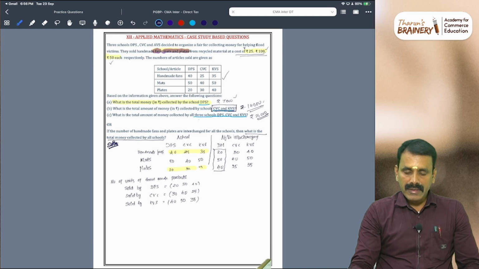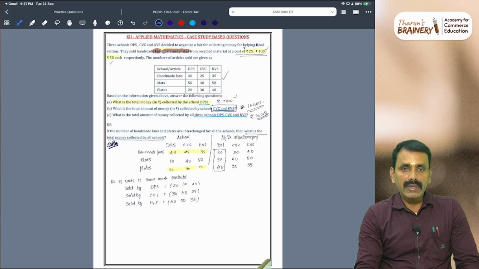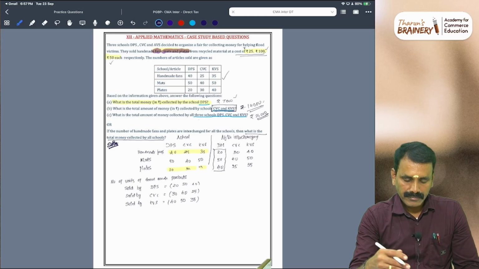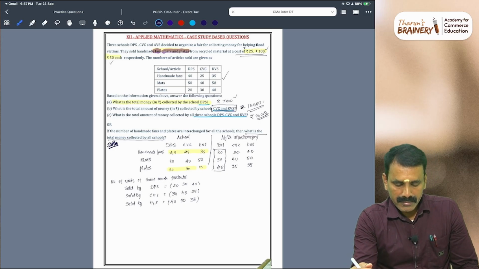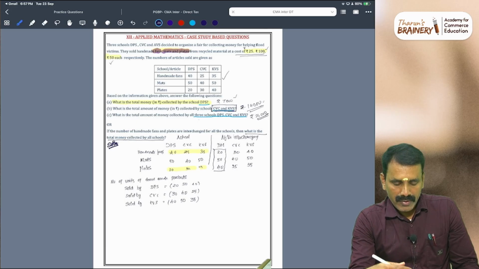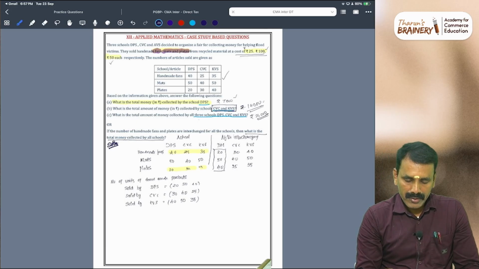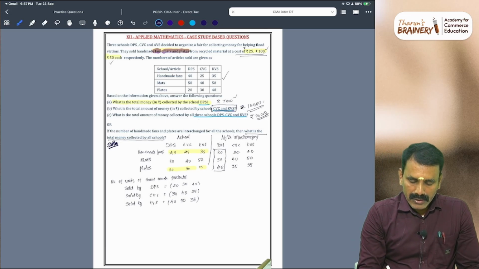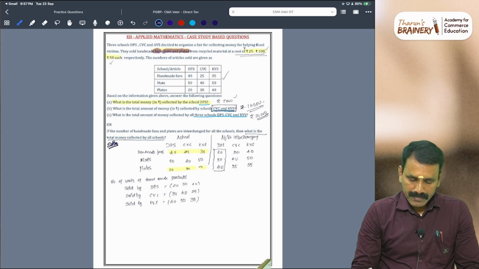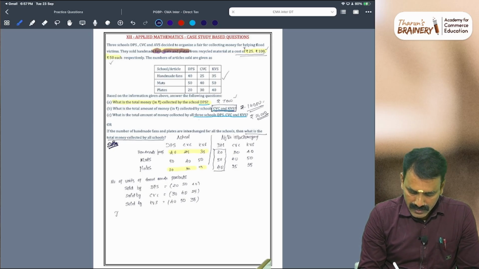So we have the number of units sold in each type of product by different schools, as separate data. Now I am going to calculate the total number of units sold by all the three schools.